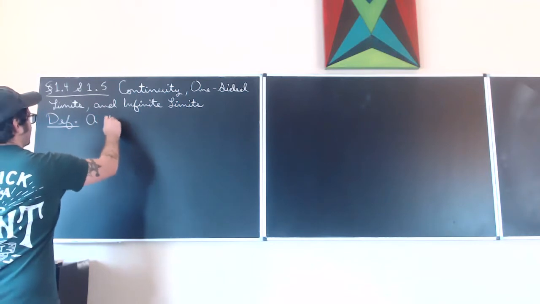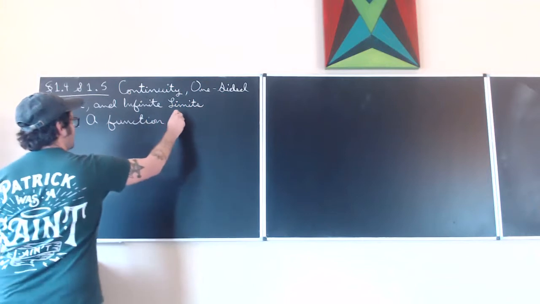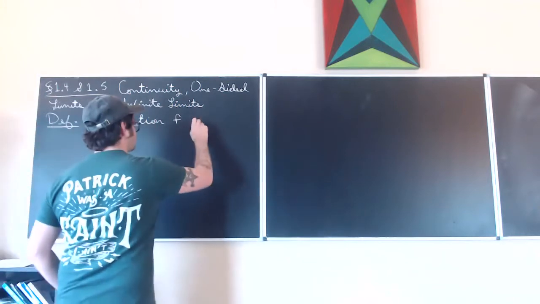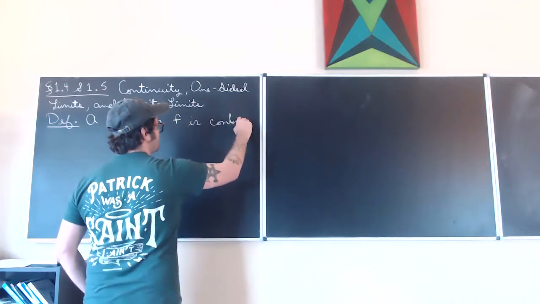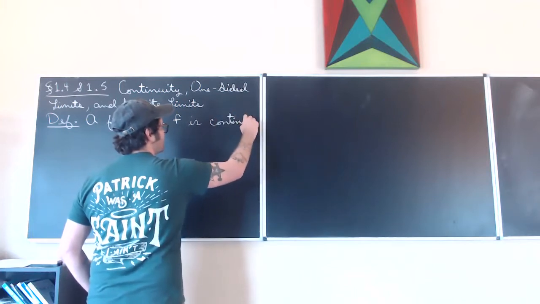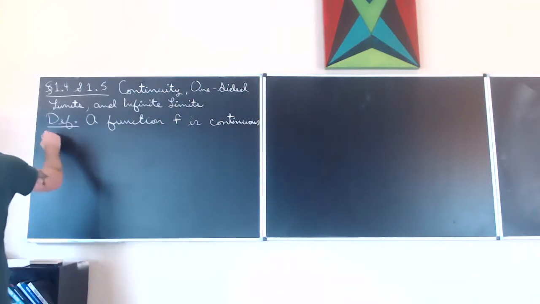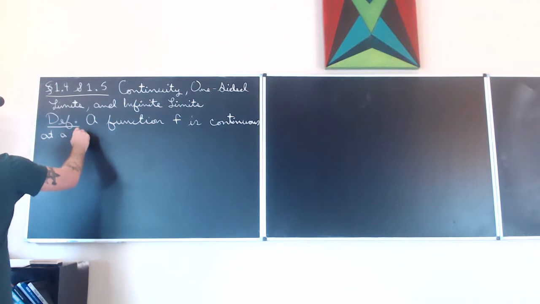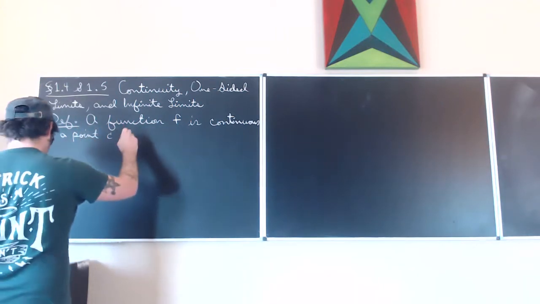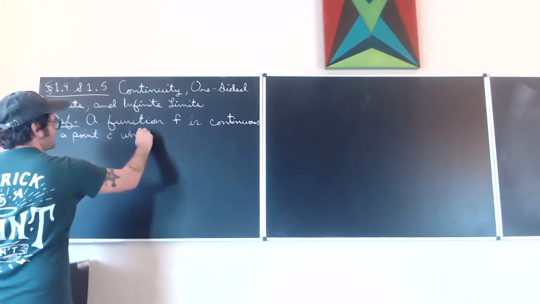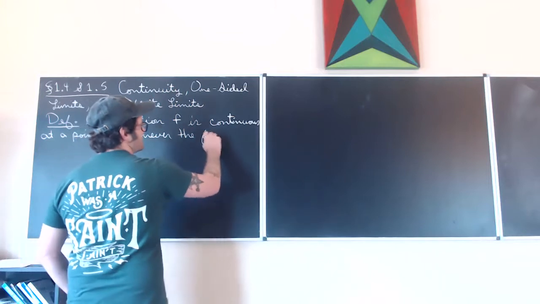A function f is continuous at a point C whenever the following conditions hold.